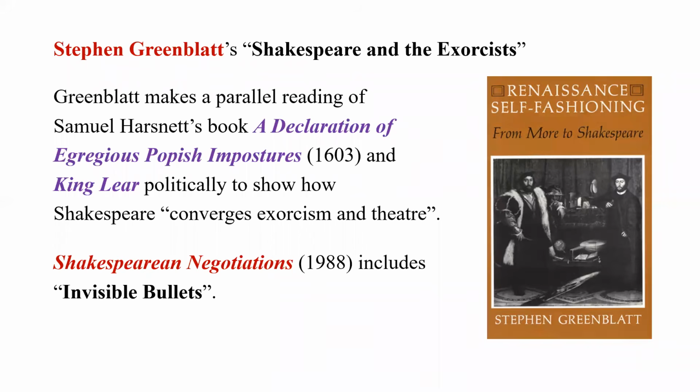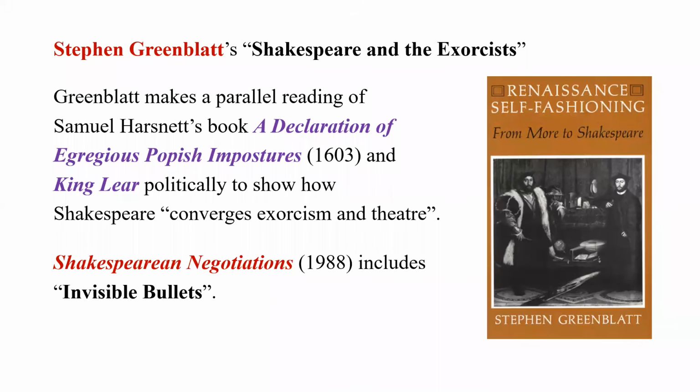Stephen Greenblatt wants to understand and makes a connection with King Lear. King Lear is a drama, a literary text. But Samuel Harsnett's A Declaration of Egregious Popish Impostures is non-fiction, a non-literary text. But you can see a connection between King Lear and that text.